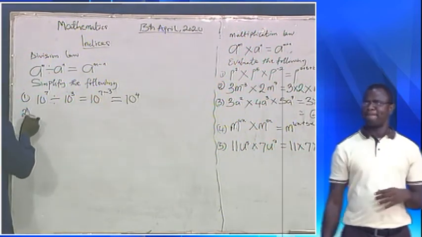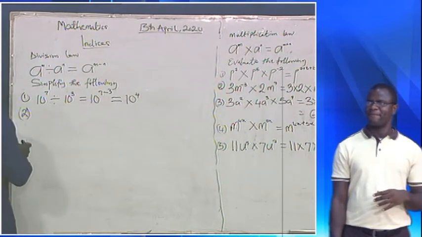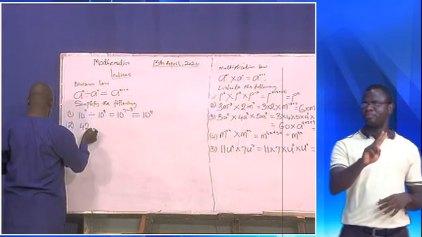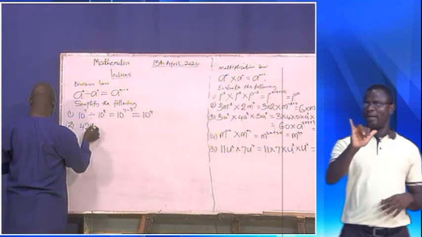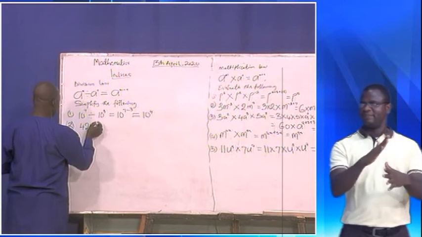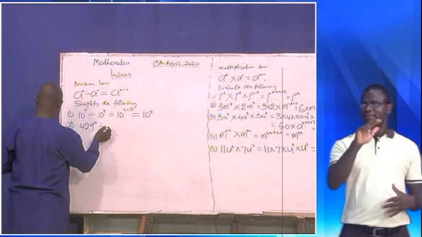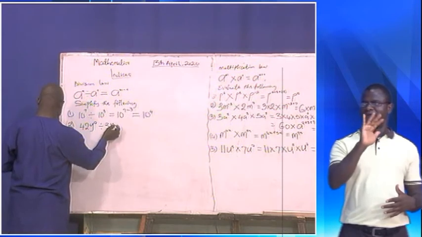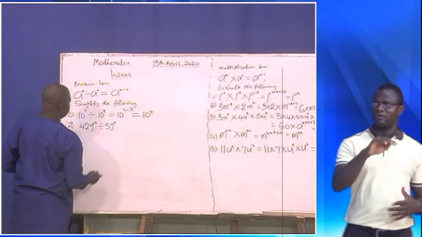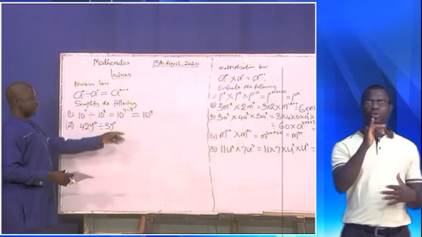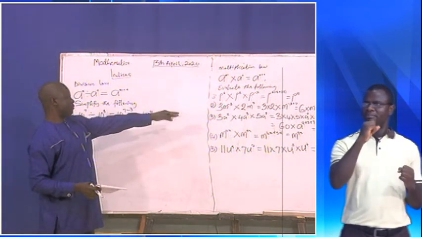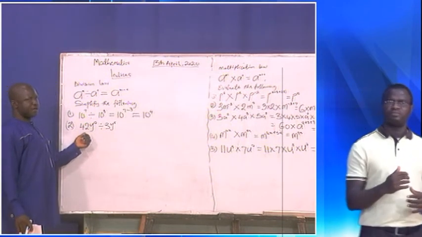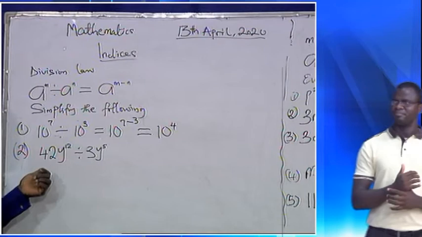So if we move on to the next example, if we have 42y raised to power 12 divided by 3y raised to power of 5. In this case, as we can also see under multiplication, this variable is carrying a coefficient.